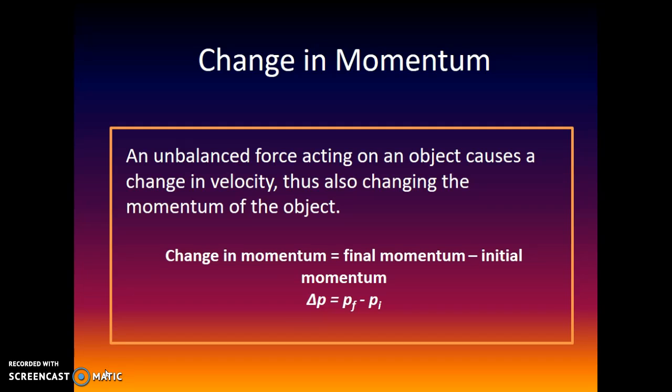So just remember that if the velocity of an object changes, then the object must have accelerated, in other words, it must have been acted upon by an unbalanced force. So there must be a change in momentum as well. And this change in momentum is called the impulse of the force.